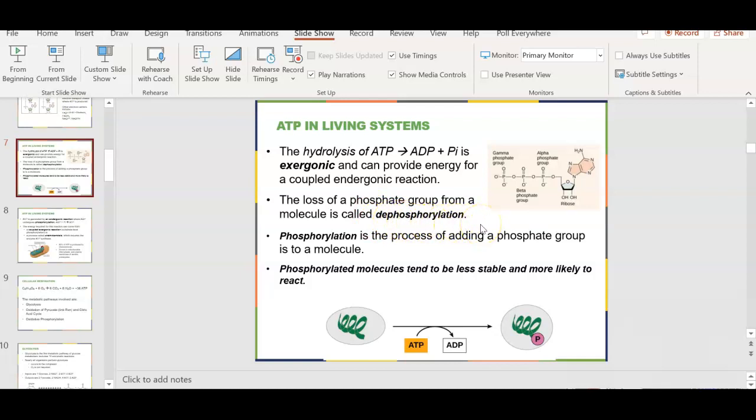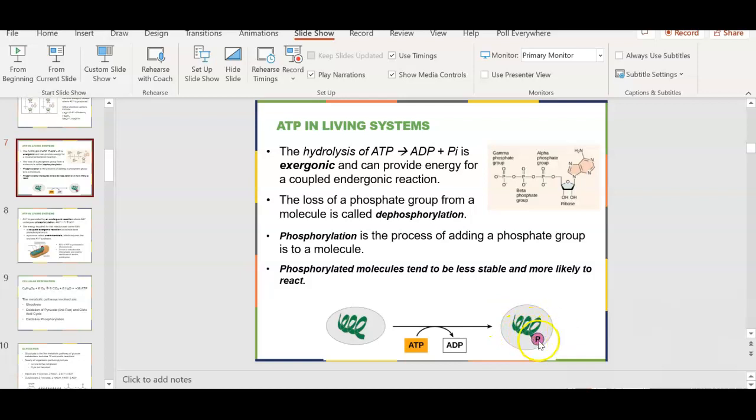Boy, that's a big word. When a phosphate group is added to another molecule, that's called phosphorylation. Here we see this green blob, a molecule of whatever it is, getting phosphorylated.